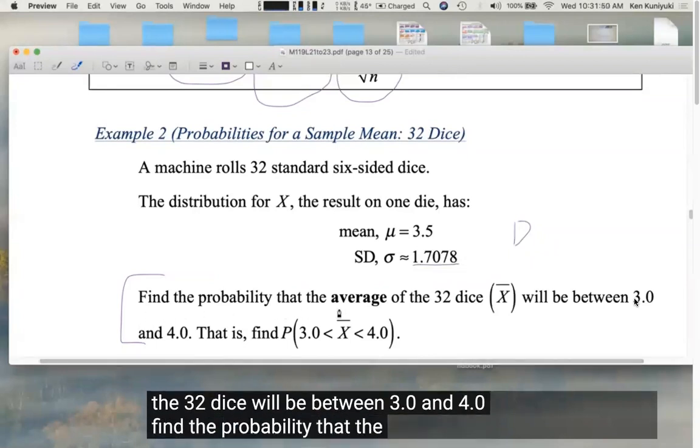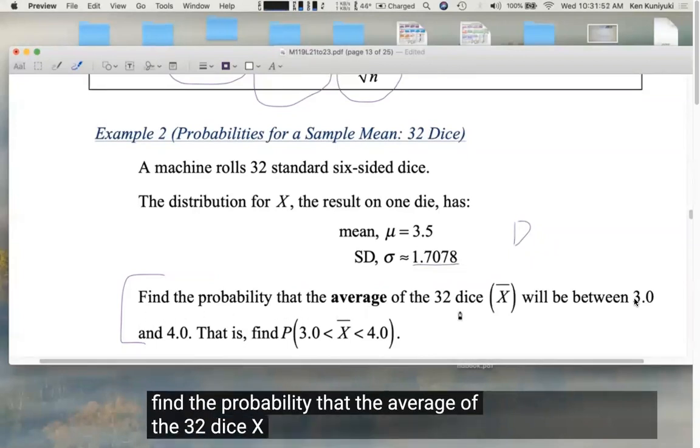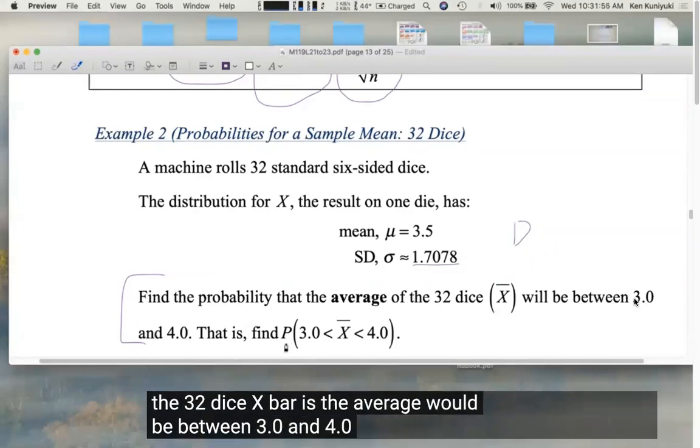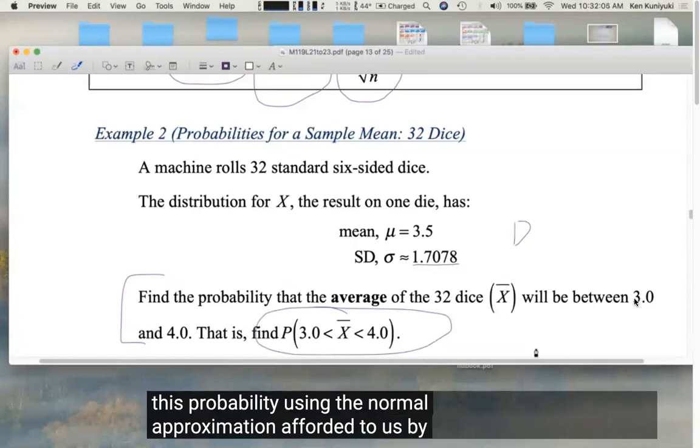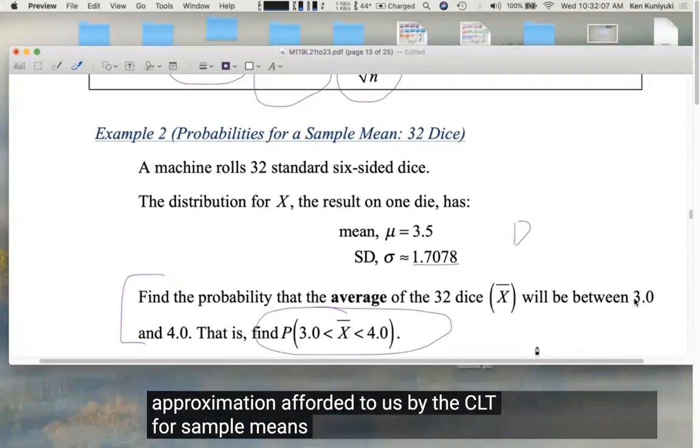Find the probability that the average of the 32 dice, x bar is the average, will be between 3.0 and 4.0. We want to find this probability using the normal approximation afforded to us by the CLT for sample means.